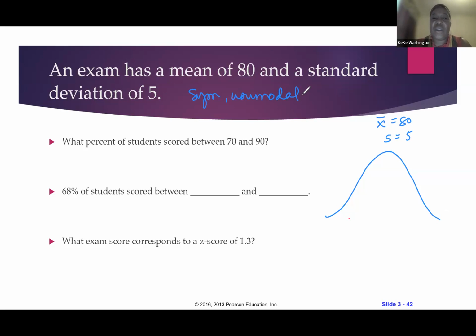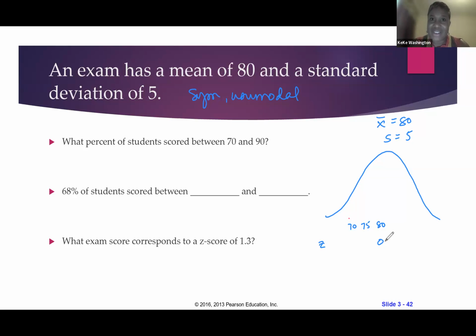So if it's symmetric and unimodal, I know I can use the empirical rule and I know I can calculate a z-score. If the mean is 80, that would have a z-score of 0, because remember, z-scores tell you how many standard deviations you are away from the mean.